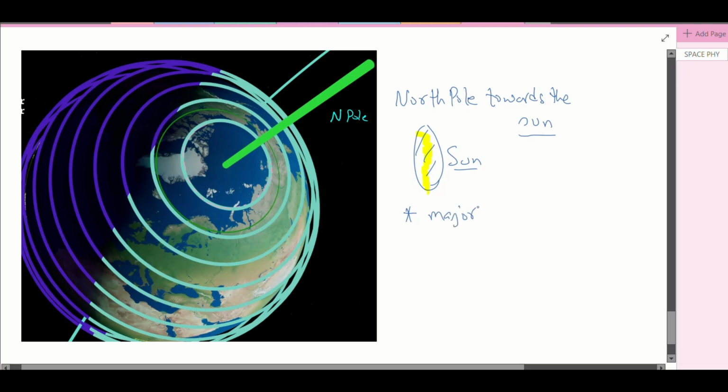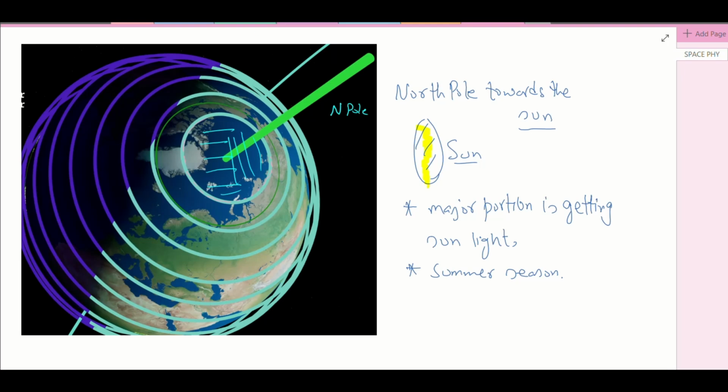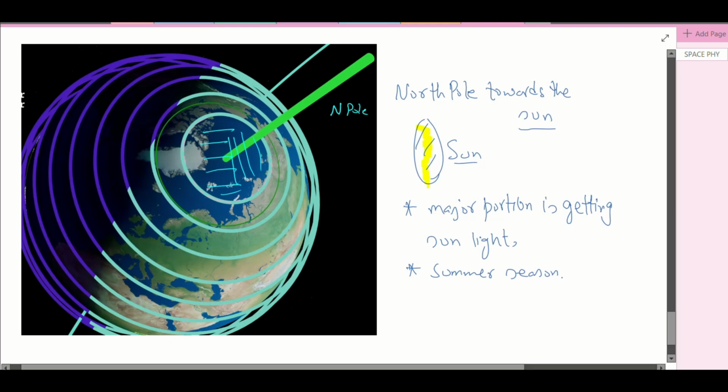So here you can see the major portion is getting sunlight. We have a summer season here. We have a region named the Arctic region, which gets 24-hour daytime.